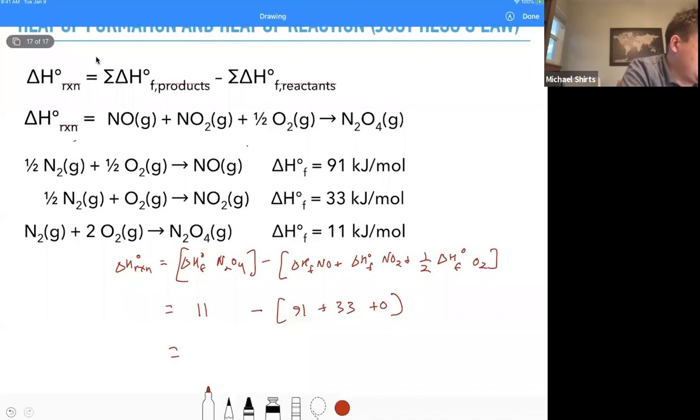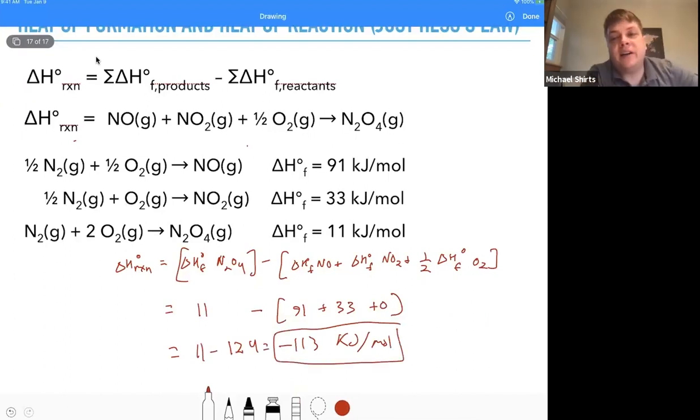We get 11 minus 124, which gives us minus 113 kilojoules per mole.